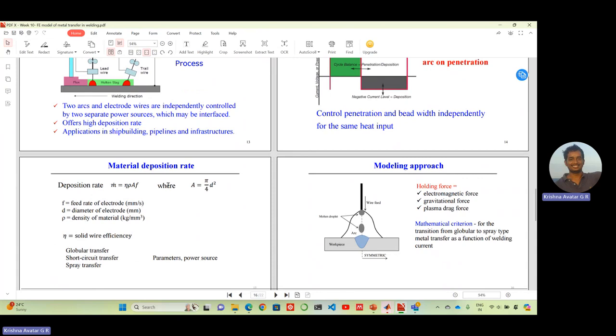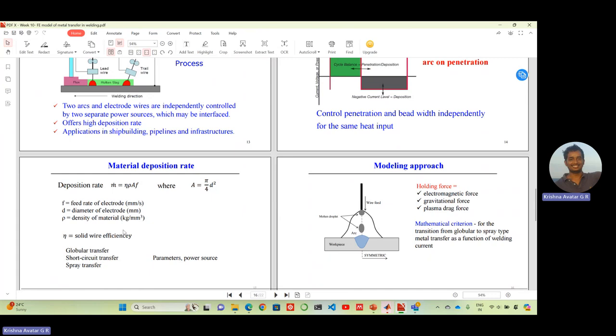Now let's come to metal deposition rate. This is the relation between which material we are using as filler material, and what is the cross-sectional area of that wire. Then eta is the efficiency of the solid wire, and F is the feed rate. So how much feed rate are we having of the electrode, and how much of it is being transferred to the weld pool?